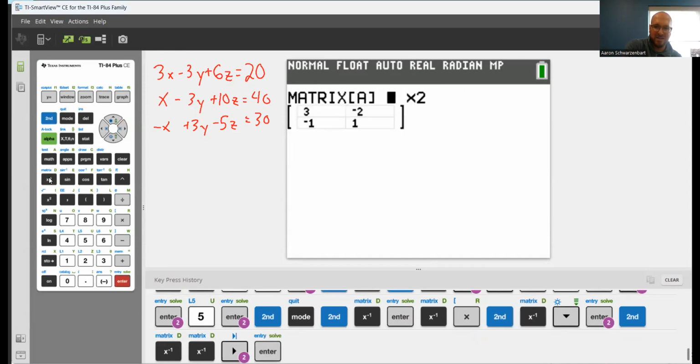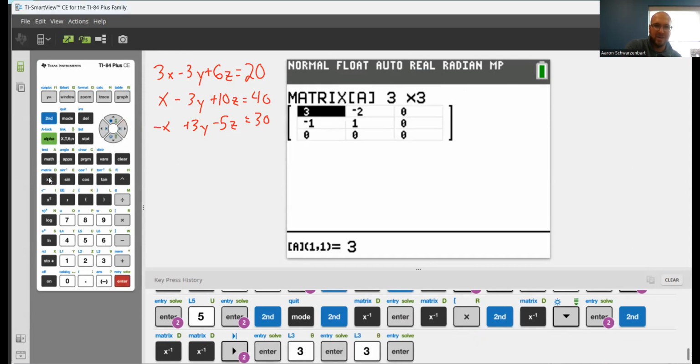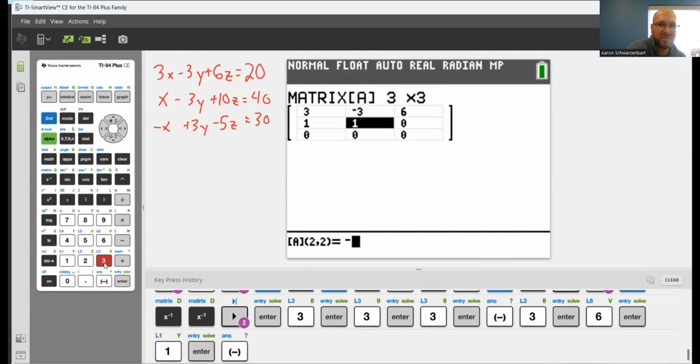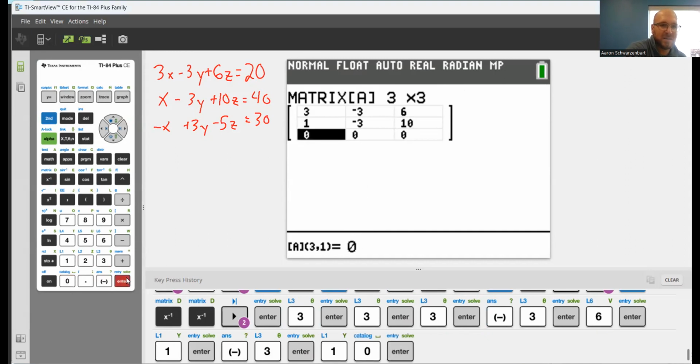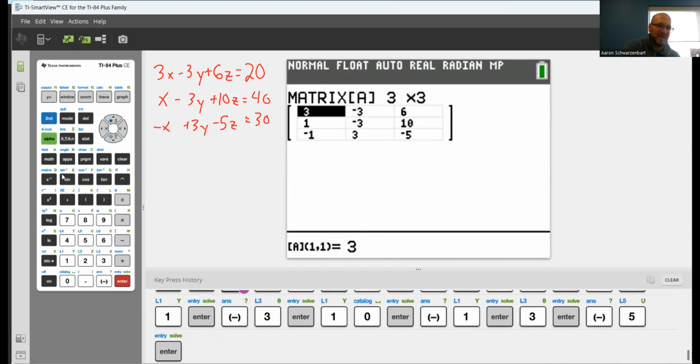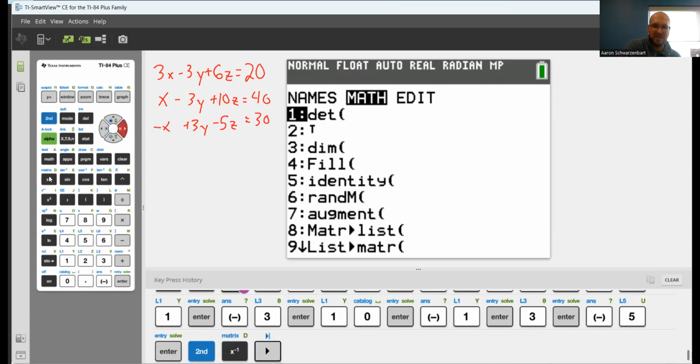Go over edit, 3 by 3, 3, -3, 6, 1, -3, 10, -1, 3, -5. Now we're going to go back here and edit another matrix.